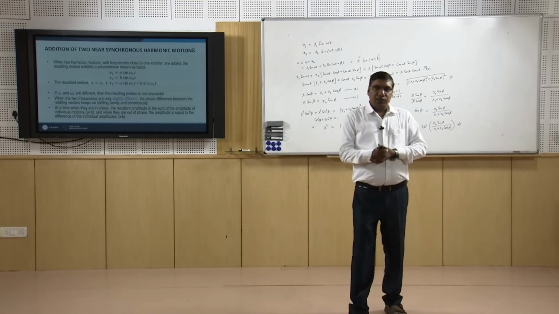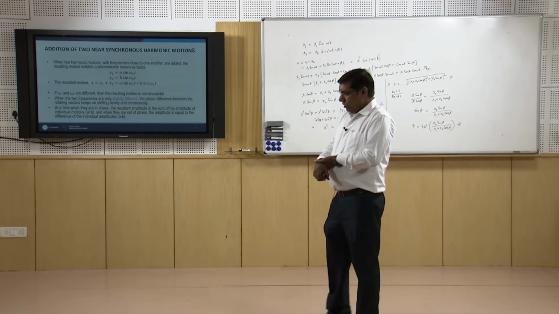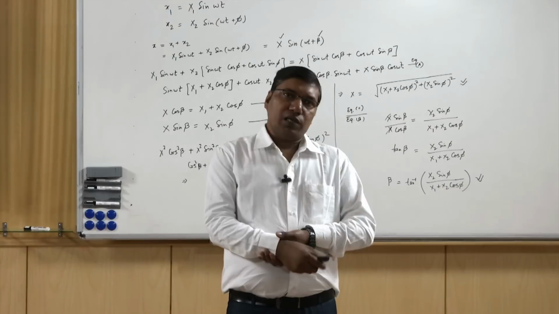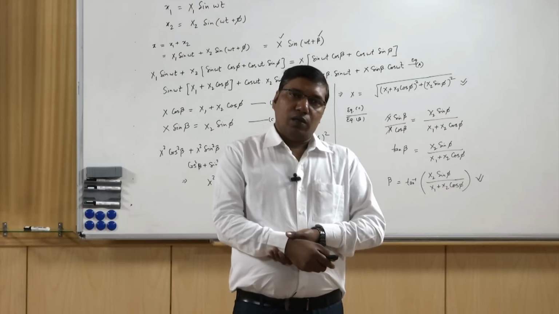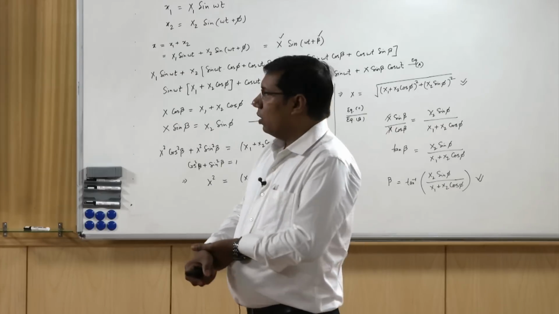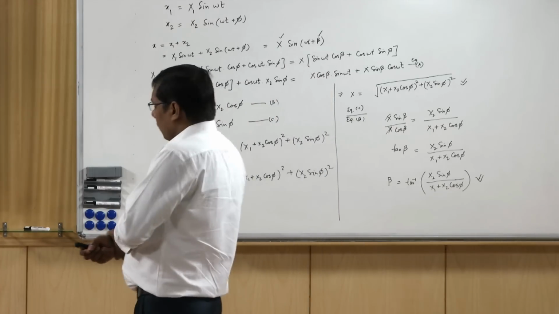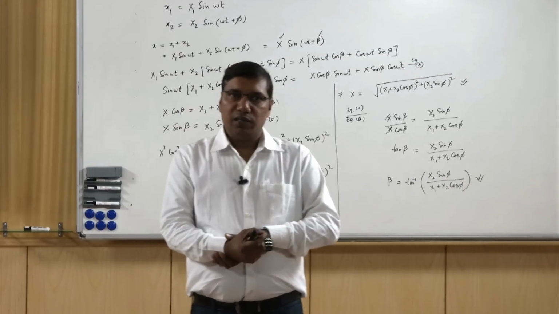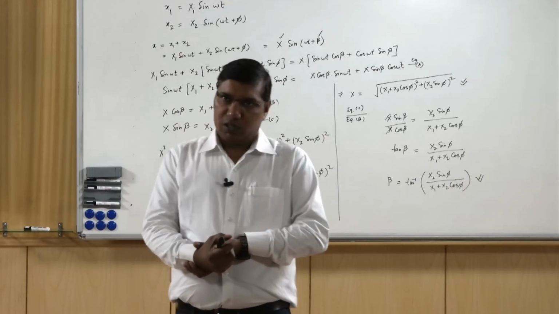So here we discussed the addition of the two synchronous harmonic motions. Now we will discuss the addition of the two near synchronous harmonic motions, meaning there is a slight difference in the frequencies of the two motions.